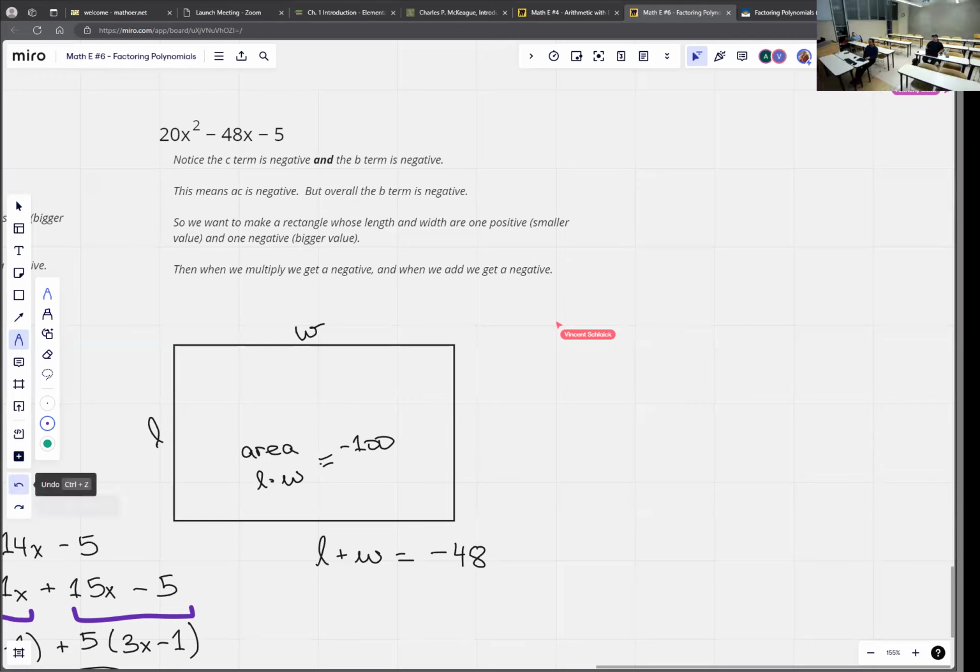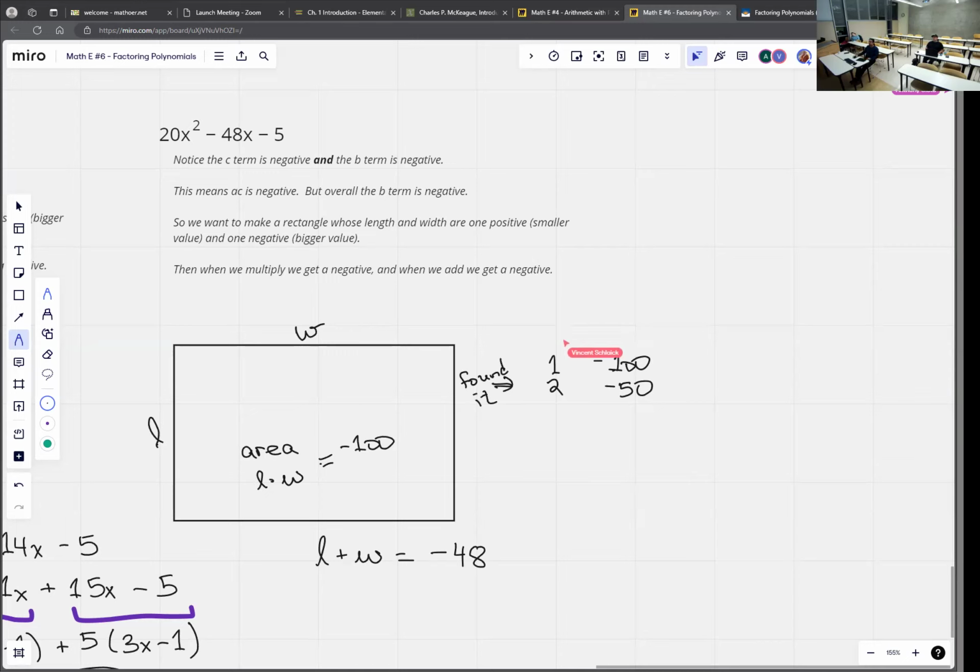So what multiplies to get to -100? Let's see, we could do 1 times -100, that's not gonna add up to -48. Could do 2 times -50. Oh, we're there. 2 and -50 add up to -48.